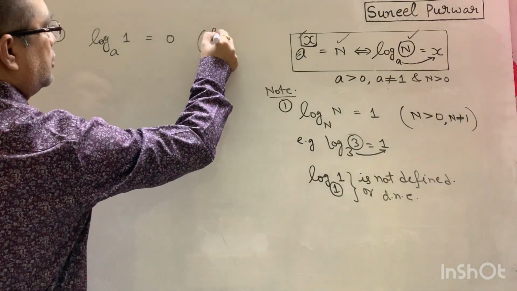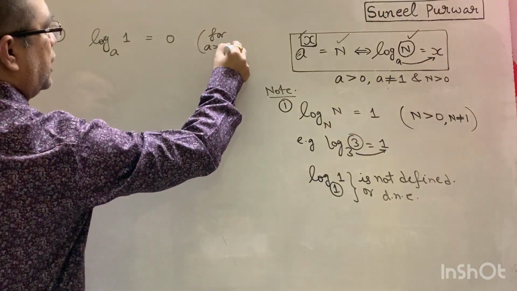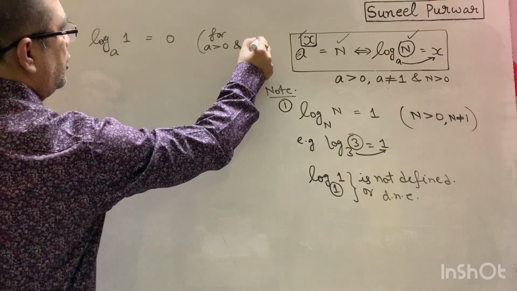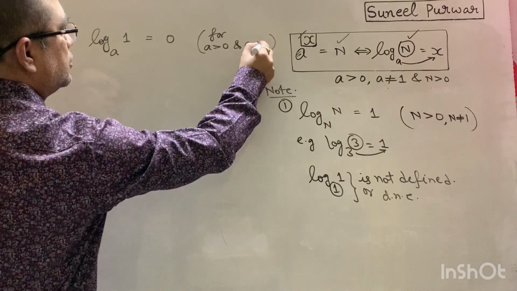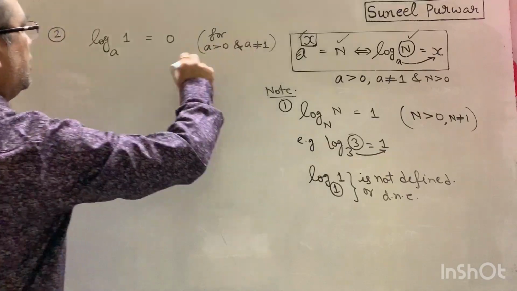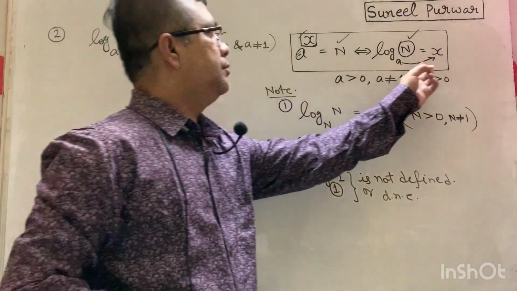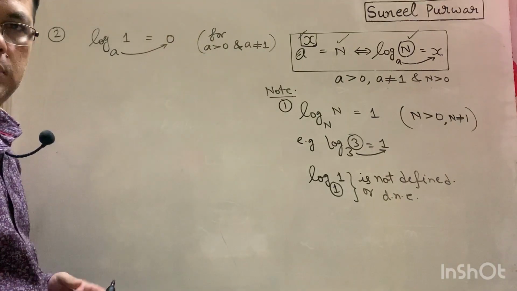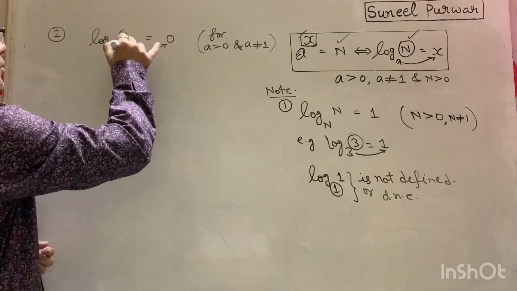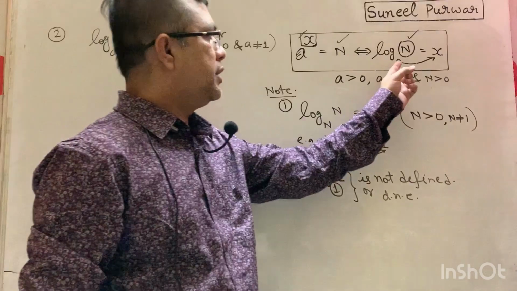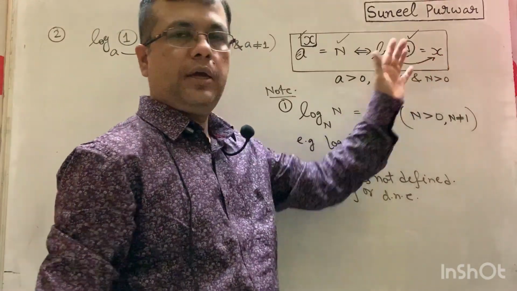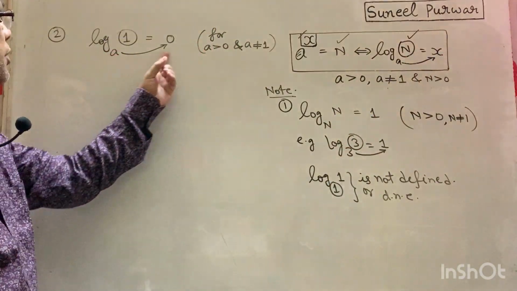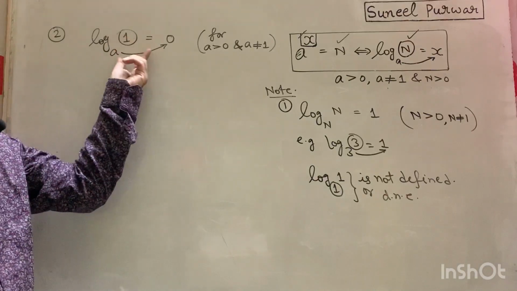So for a positive and a not equal to 1, you can verify with this arrow. A power 0 is what? 1. Is it or not? You must get a power x equal to n. You are getting a power 0 equal to 1.